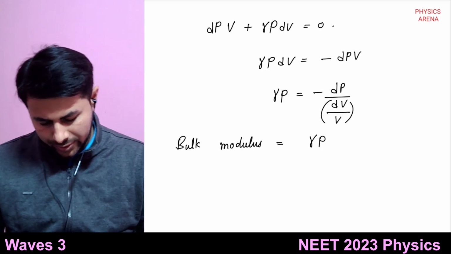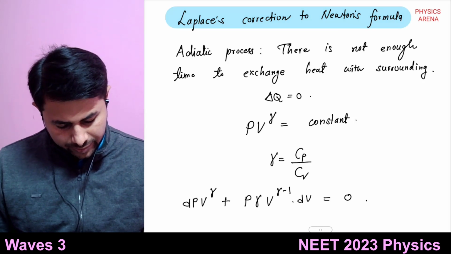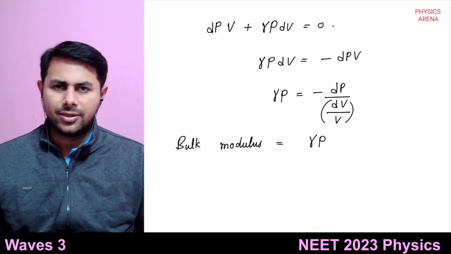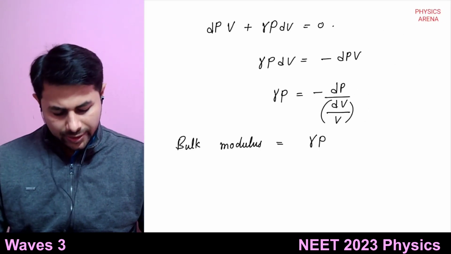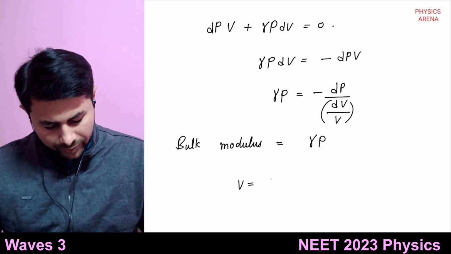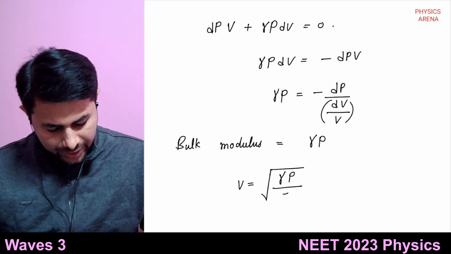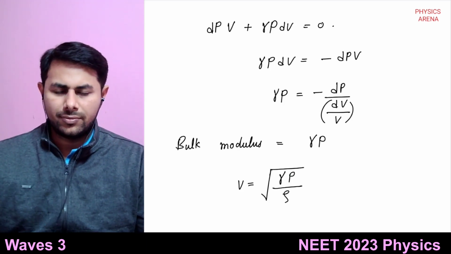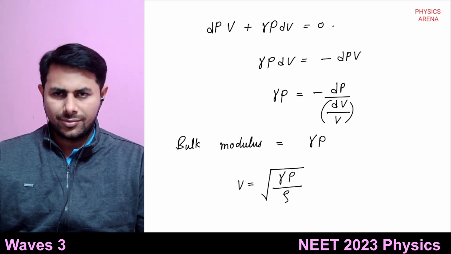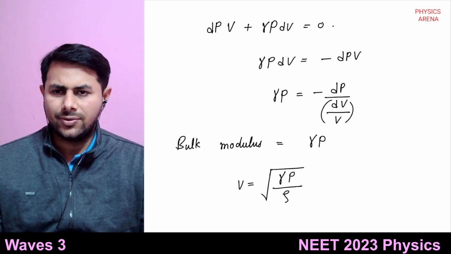Then you can substitute this in the formula for velocity, and you get velocity is equal to square root of gamma times P divided by rho. Did you get this?